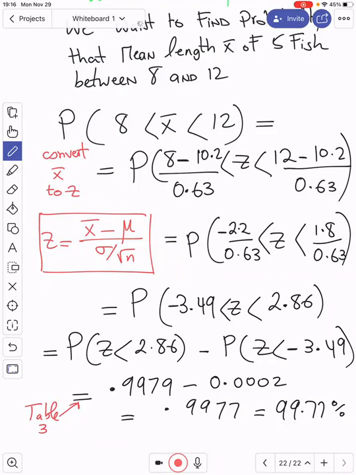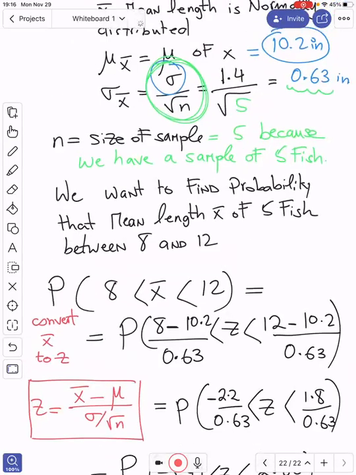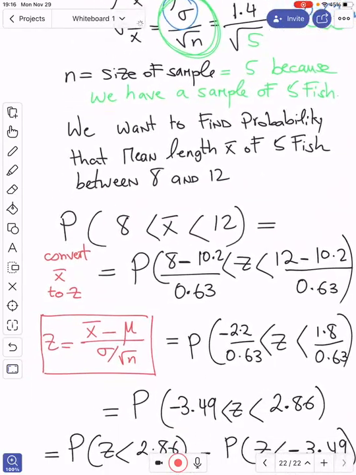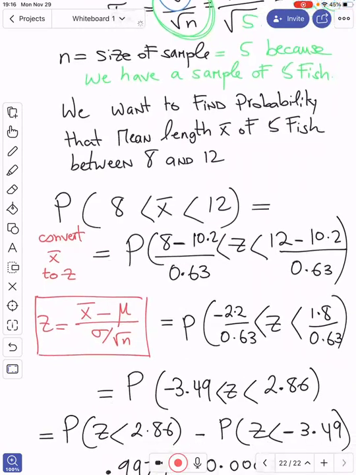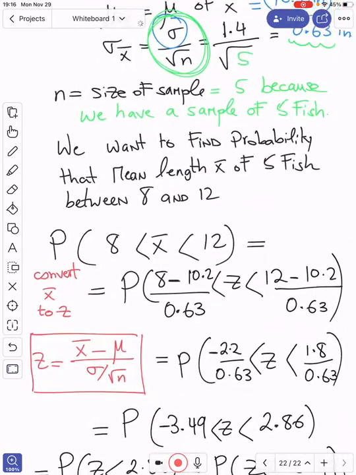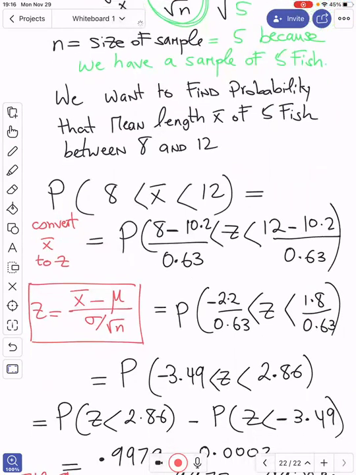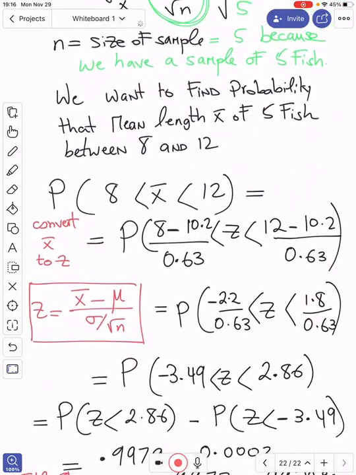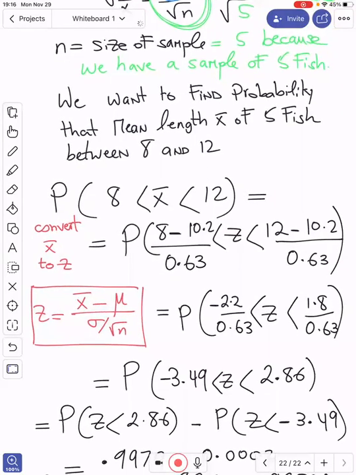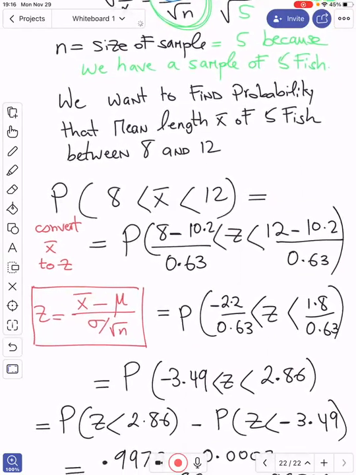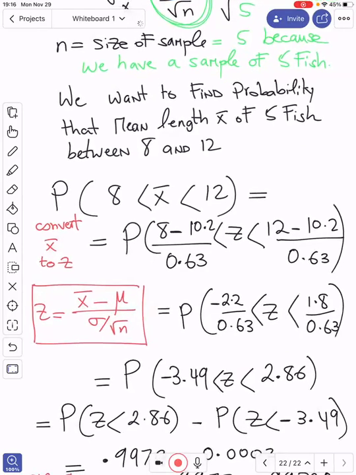But again, as you can see, the difference between A and B: in A, we are interested in the probability that X, the length of a single fish, is between 8 and 12. In B, where we use our new theorem, we are interested in the probability that the mean length of 5 fish is between 8 and 12.